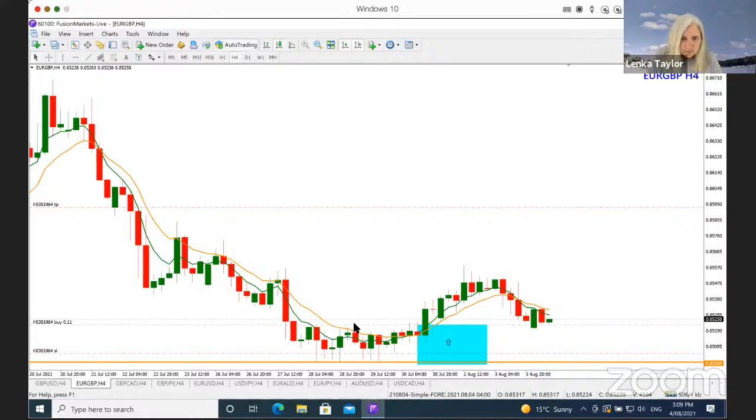Okay, so I was looking for a long, say on either this bar here. Hang on a sec, let me just change the color. Let's say I would have been looking anywhere on these bars here, and this one here, I was looking for long.